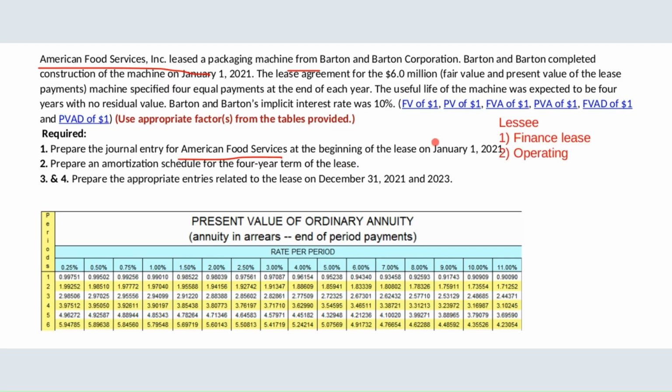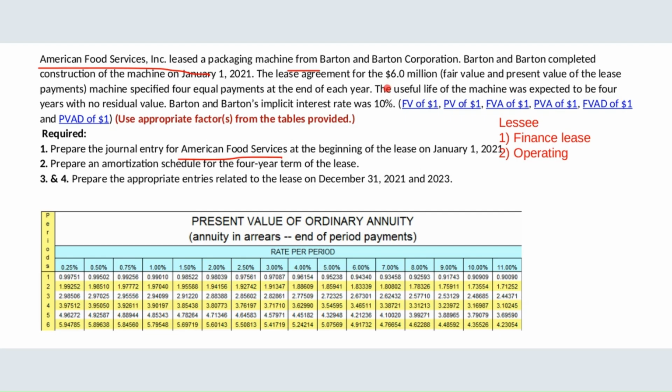So to determine if it's a finance lease, it has to meet one of the five criteria that we had listed. One being that the lease term is for a major part of the economic life.